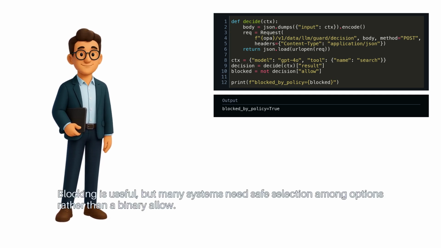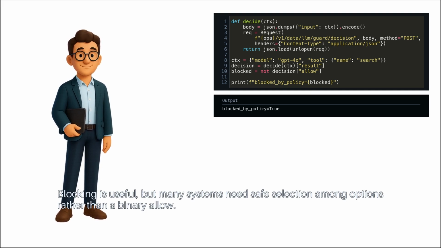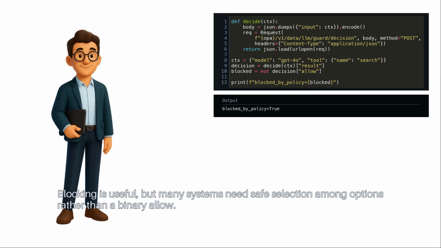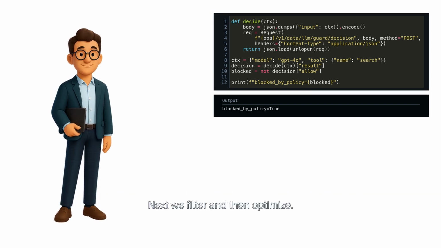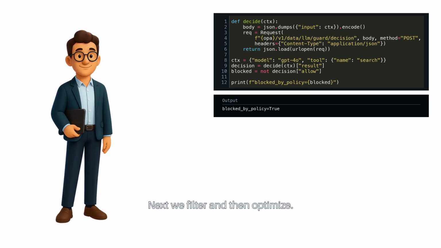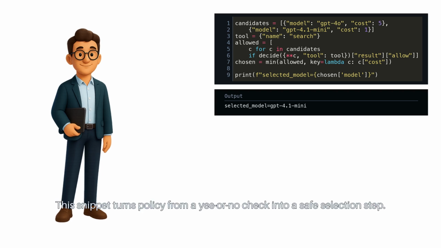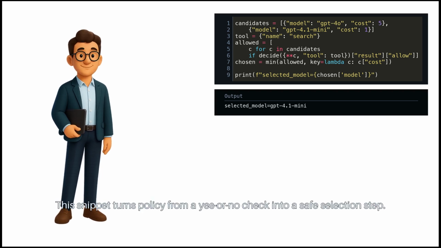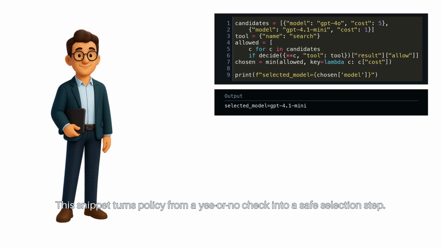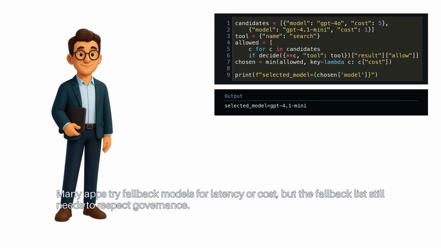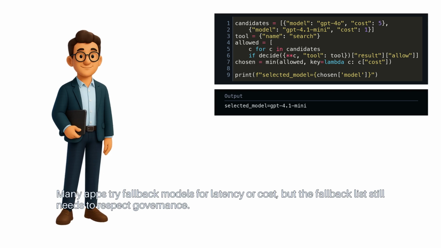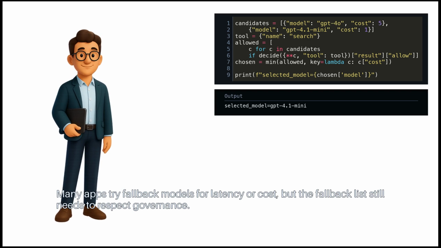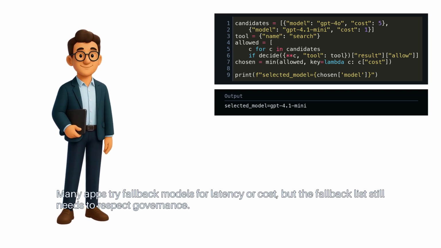Blocking is useful, but many systems need safe selection among options rather than a binary allow. Next, we filter and then optimize. This snippet turns policy from a yes or no check into a safe selection step. Many apps try fallback models for latency or cost, but the fallback list still needs to respect governance.